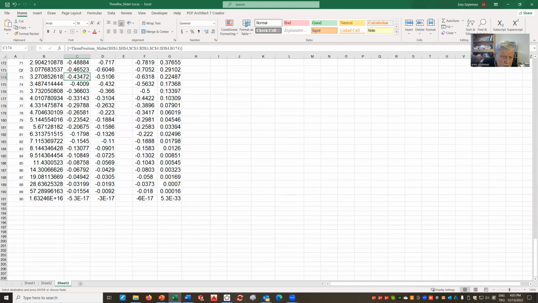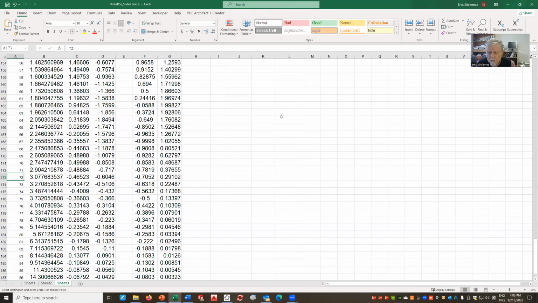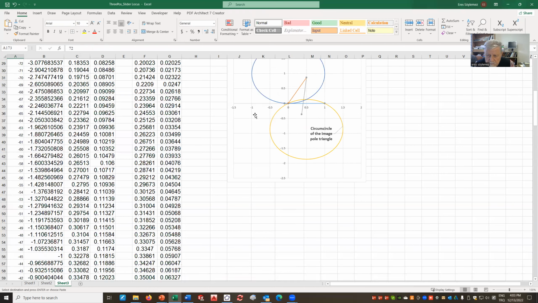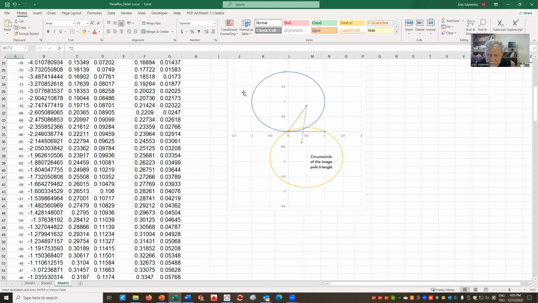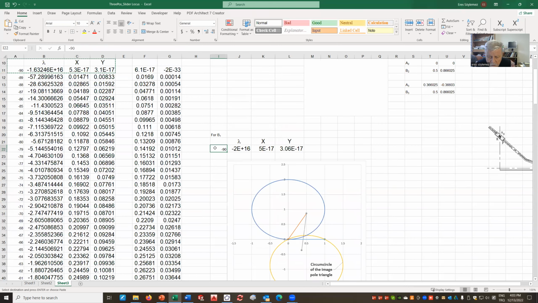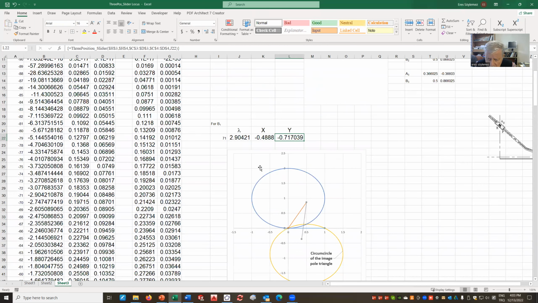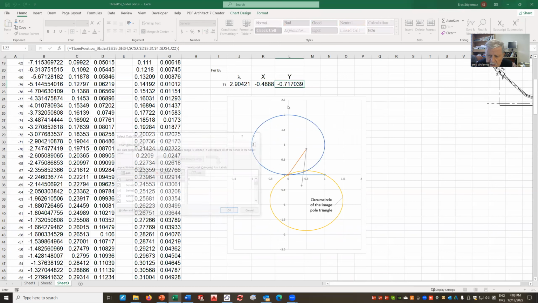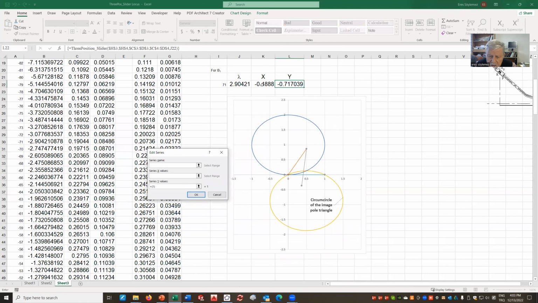Let me take 71 and see. Take this point as 71 minus 0.488771. And what I will do is, again, select data, add one value series, X value and Y value.